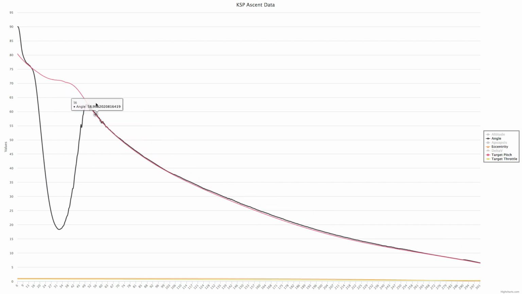And I think this kind of explains why we saw that the majority of future craft never got to this point, because when you have an ascent profile that relies on you toppling out of control and being able to recover, my guess would be that this was more of a fluke, and that the majority of the crafts that tried to adopt this very rapid target pitch strategy ended up spiraling out of control.